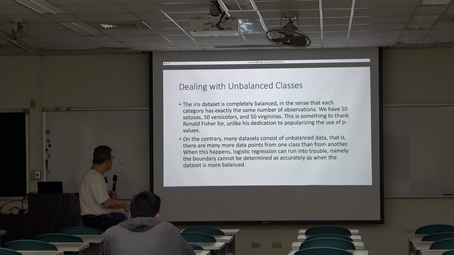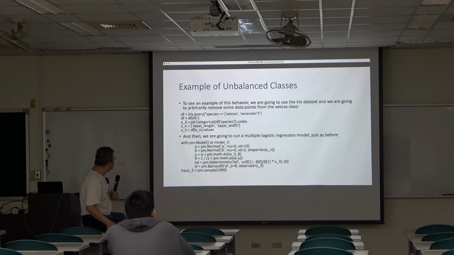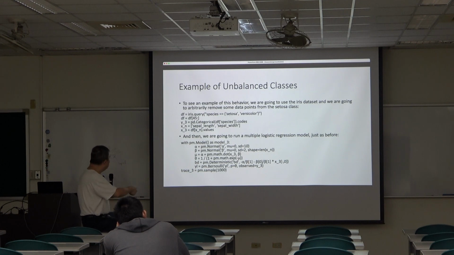The boundary cannot be determined as accurately as when the data set is more balanced. Let's look at an example. Let's still use the iris data set, but now let's intentionally remove some data points from the Setosa class. Here we still use two classes, Setosa and Versicolor.